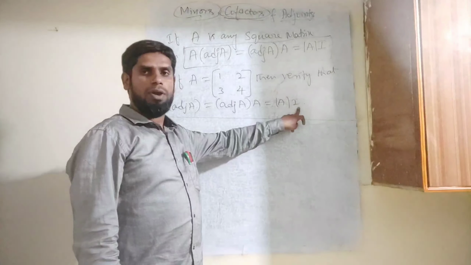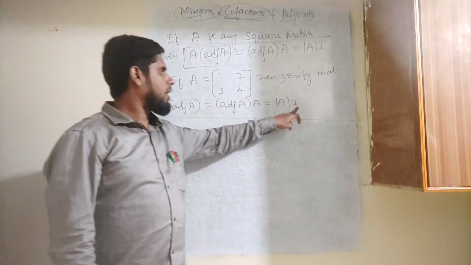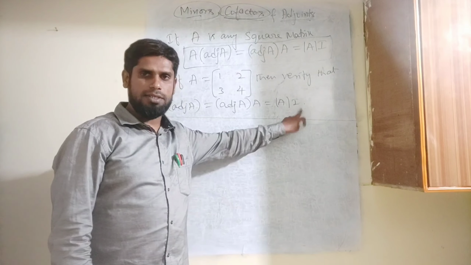So I should also be of order 2 cross 2 only. If A is of order 3 cross 3, then I also should be of order 3 cross 3.